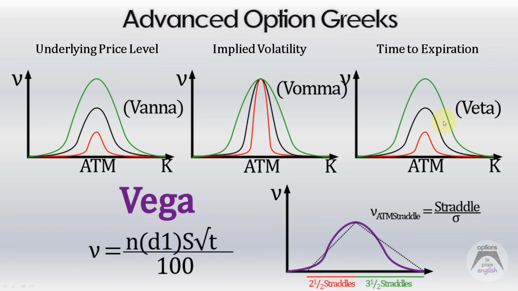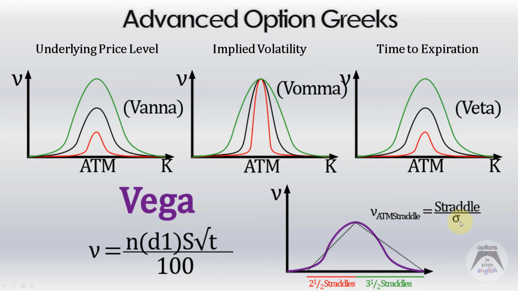Now, something similar to what we did with the gamma, the Vega is going to have the basic shape of the normal distribution, but in the range from 2.5 straddles down to 3.5 straddles up from the at the money, we can approximate a linear distribution of Vegas, and we can calculate the Vega of the at-the-money straddle as the value of the straddle divided by the implied volatility.